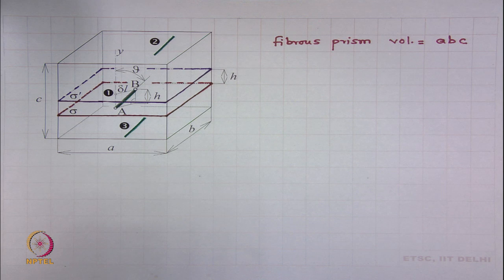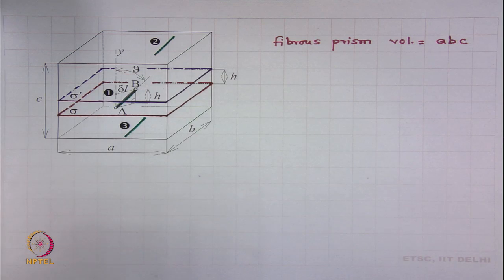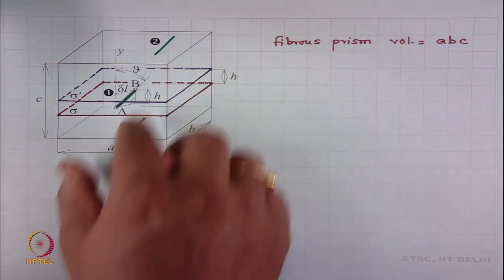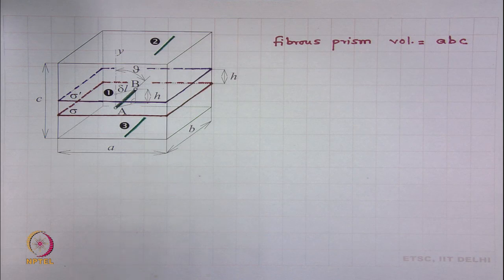However, they are present in the fibrous prism. Now, we assume that fiber segments have inclination theta, obviously theta is a random variable. So, different fiber segments will have different values of theta, but those fiber segments are uniformly distributed in this prism.